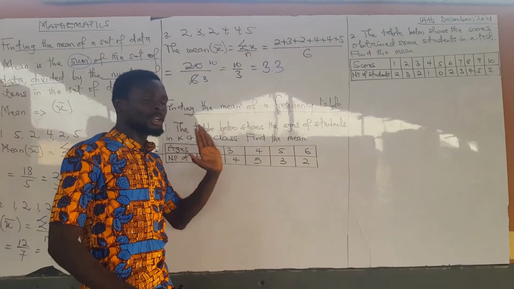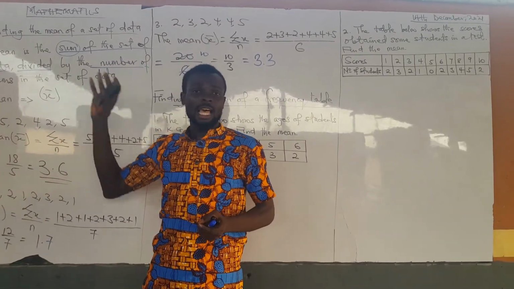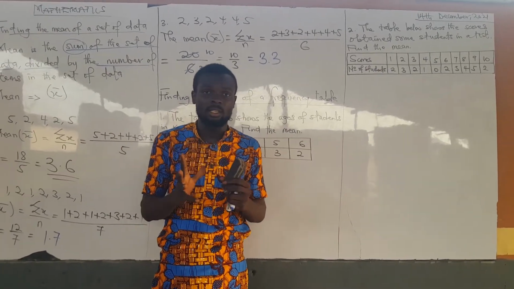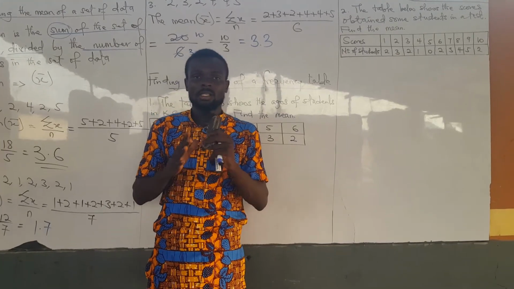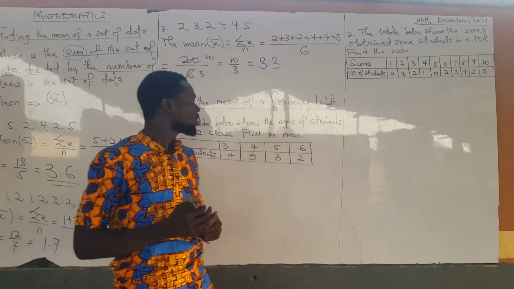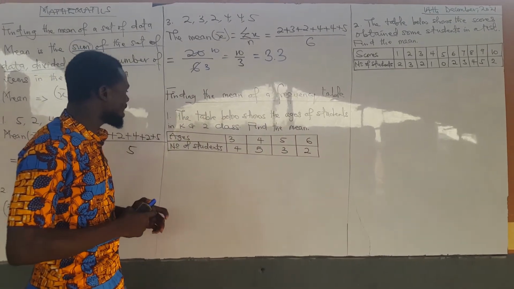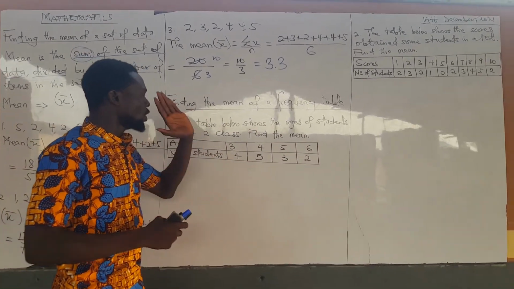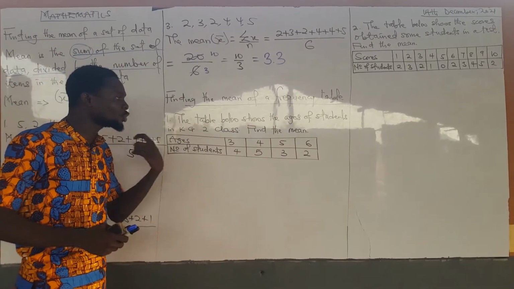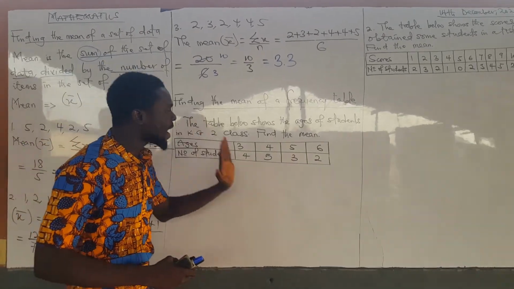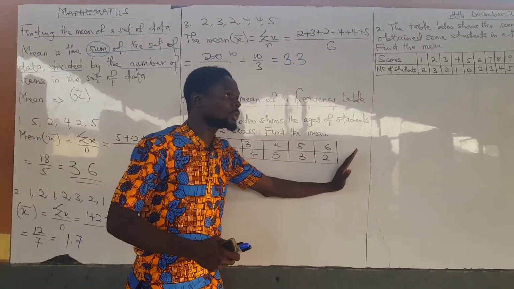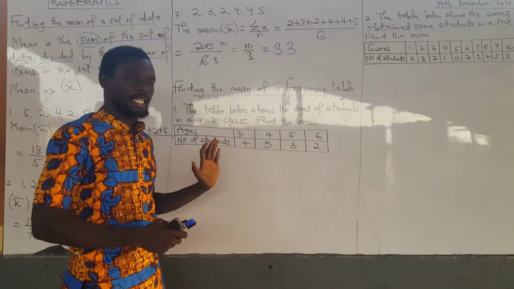But when it comes to the frequency table, we use the same definition, but we add certain things to it to make certain differences when it comes to the frequency table. We have the first example here, which says that the table below shows the ages of students in KG2 class. Find the mean. So we are going to use this table to find the mean.